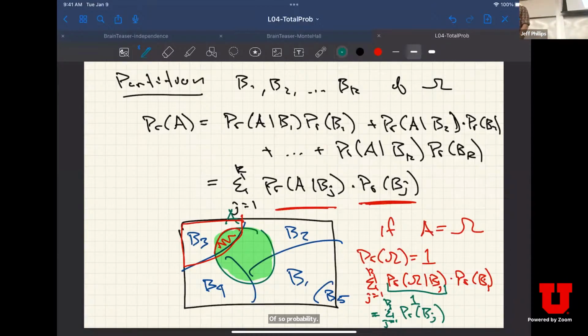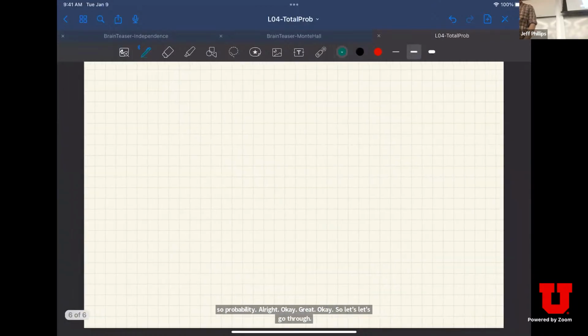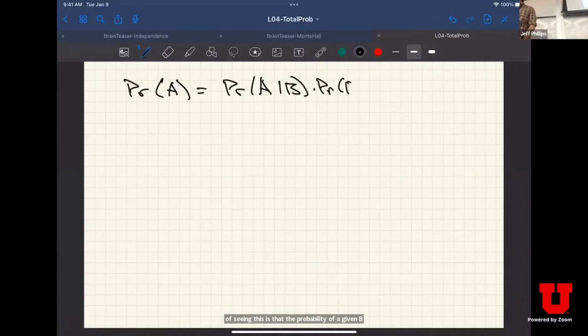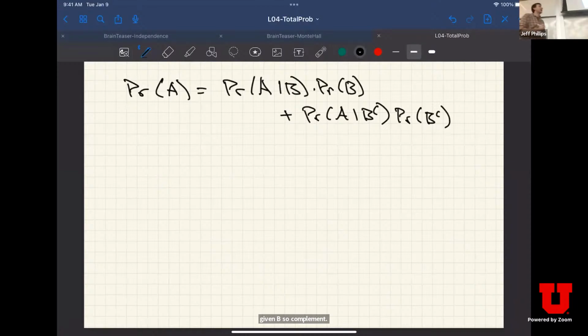One other pretty simple way of seeing this is the probability of A given B times the probability of B, plus the probability of A given B complement times the probability of B complement.